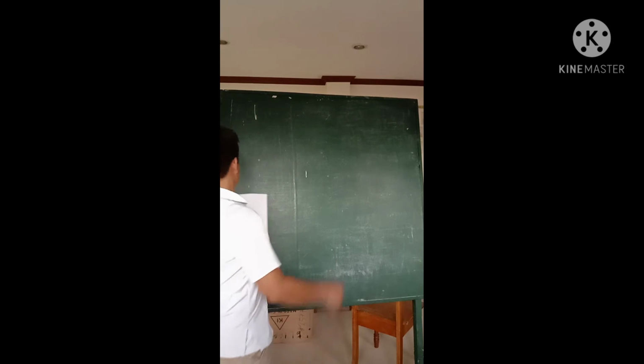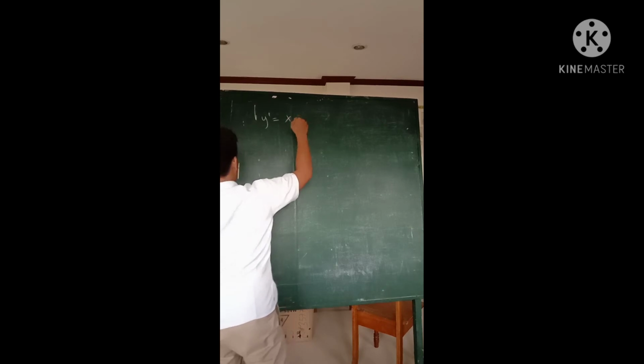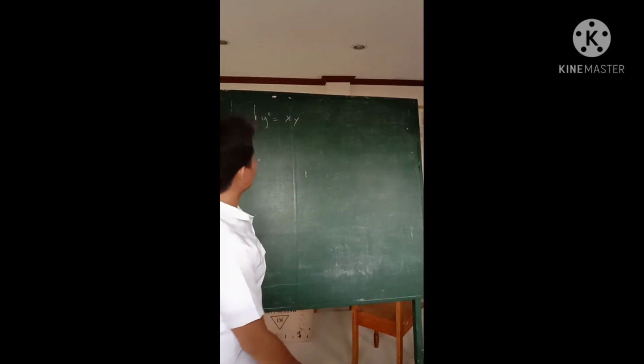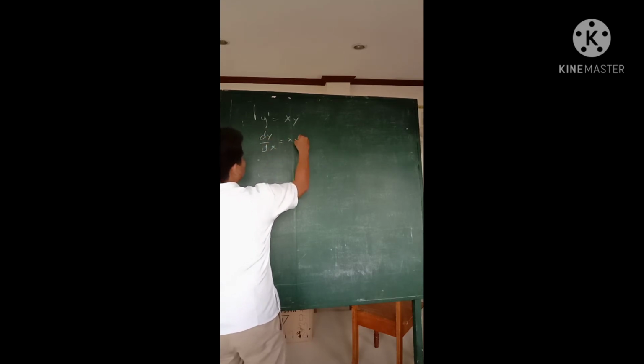So let's proceed to another problem. y prime equals xy. Let's change y prime to dy over dx. So dy over dx equals xy.